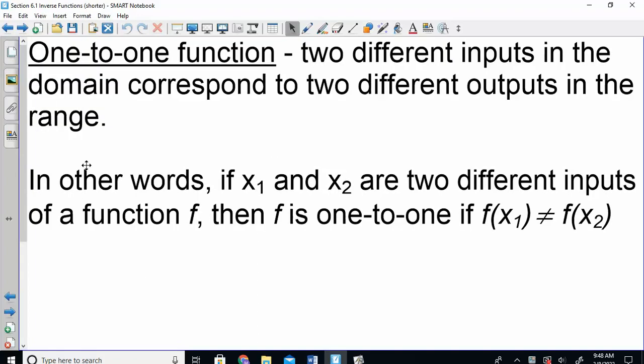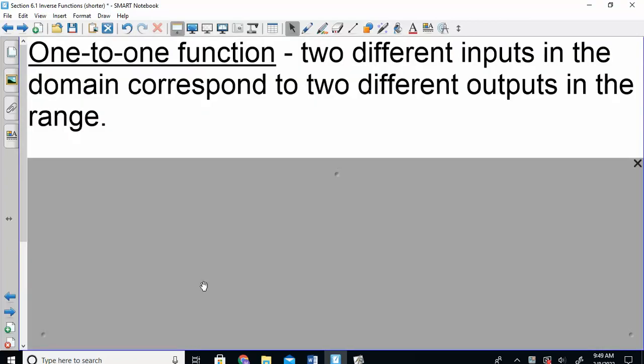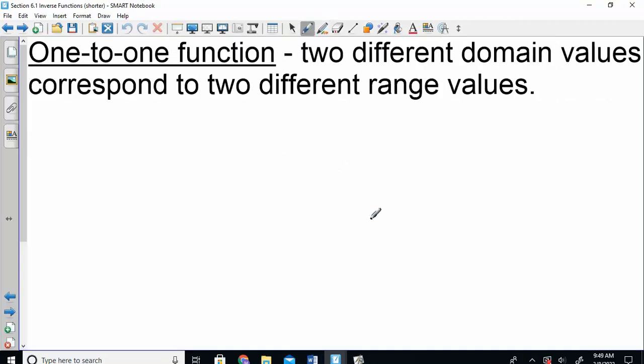there's a definition on here. It says one-to-one functions. So if I'm talking about one-to-one functions, two different domain values give you two different range values. So one-to-one means two different domains give you two different ranges.